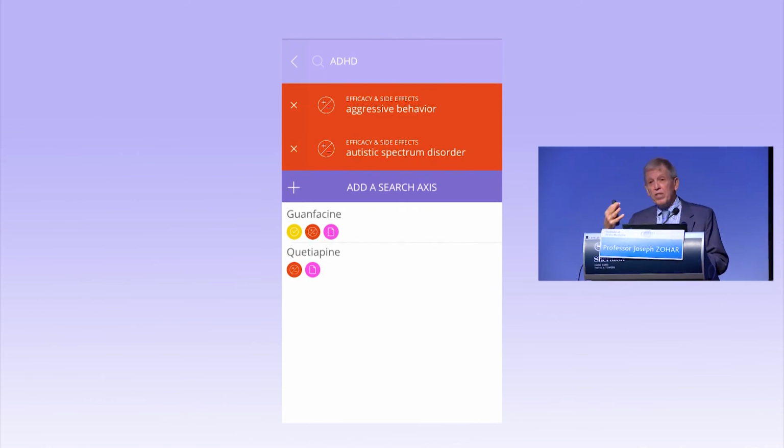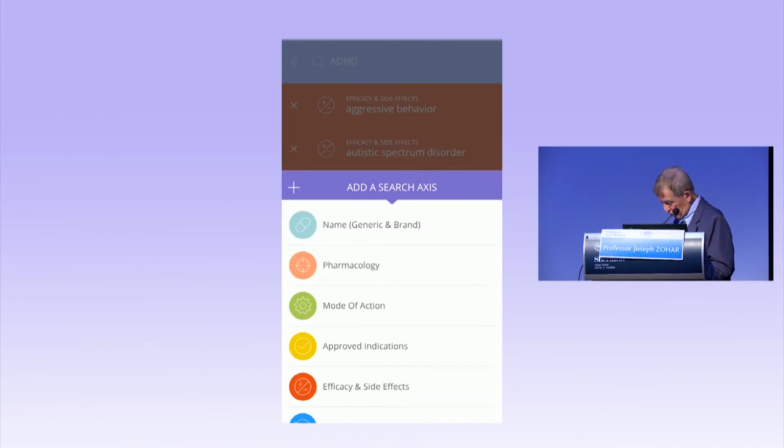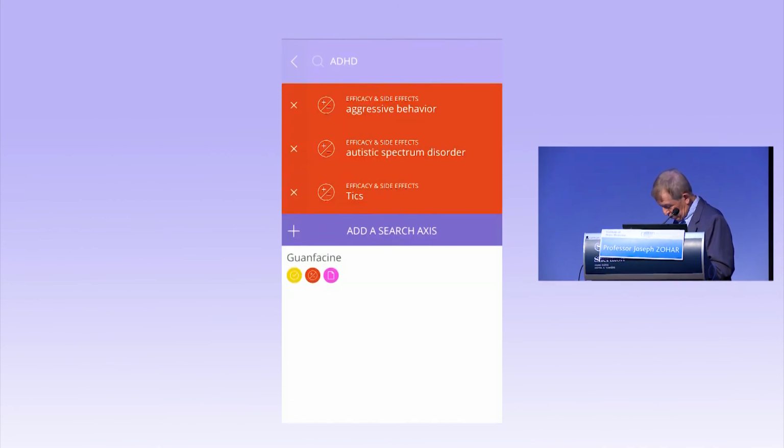But as we are looking at this child, we realize that there are tics also. So we'd like to, again, personalize the medication and make sure that we can deal with the tics too. So again, we are going back to add search axis, push on efficacy and side effect, and type tics.